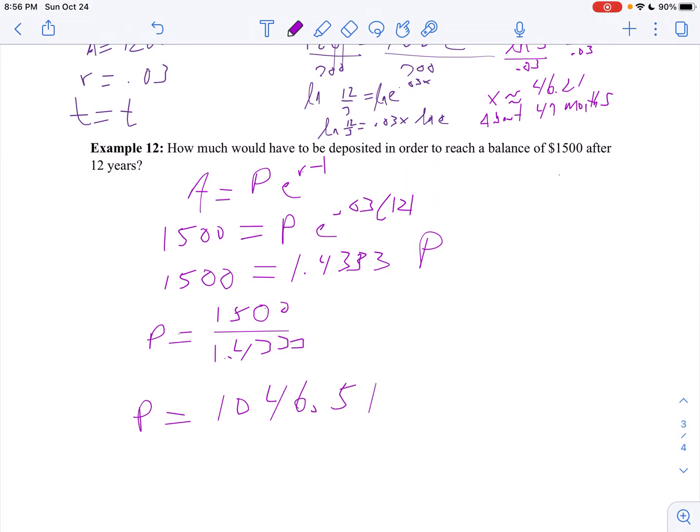That's how much money you have to deposit in order to have $1,500 at the end of 12 years.